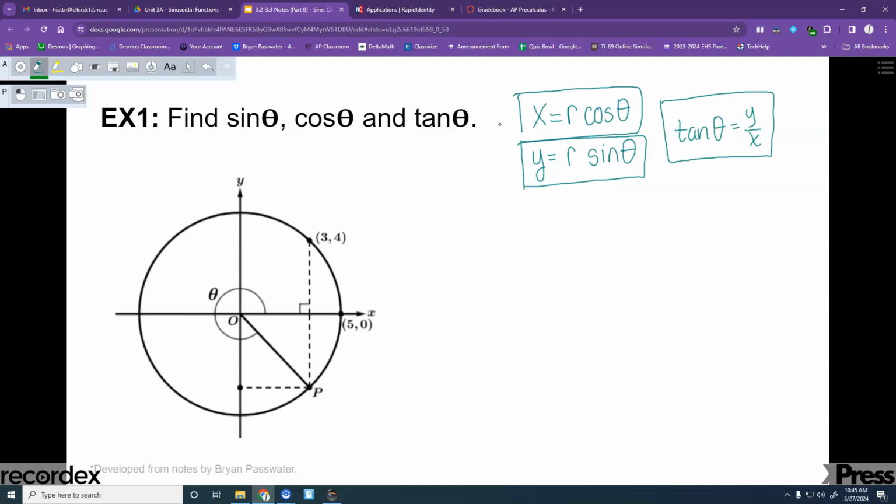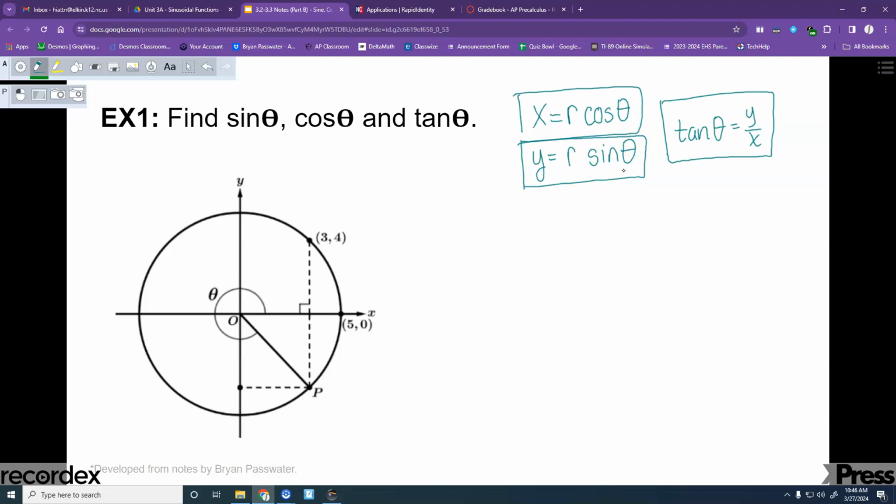Okay, so if we know those pieces, now there are other ways you could do this problem. It doesn't have to be this, but sometimes I can get myself confused doing these problems. So I'm going to do everything pretty much from these two formulas: x equals r cosine theta and y equals r sine theta, because I think those are the easiest to remember.